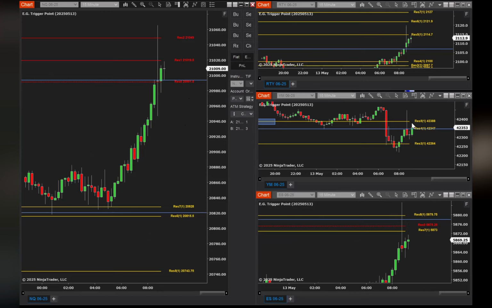To me, it's an A+ setup to go long. Why? Because this was a strong support for ES, and this resistance was previously respected, and it's a matter of time until they break it and go up higher. Okay, this was the news. I didn't take this trade, but I took it right after with a very, very small drawdown.